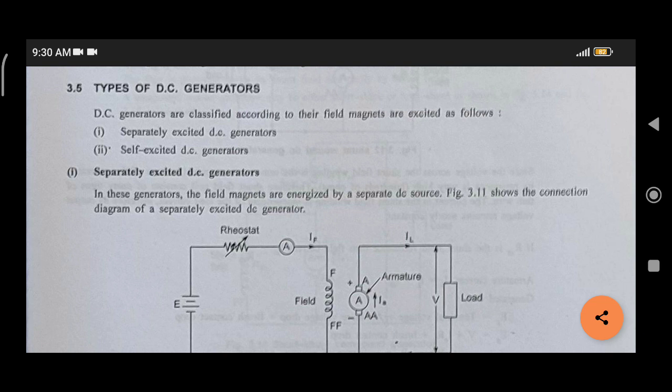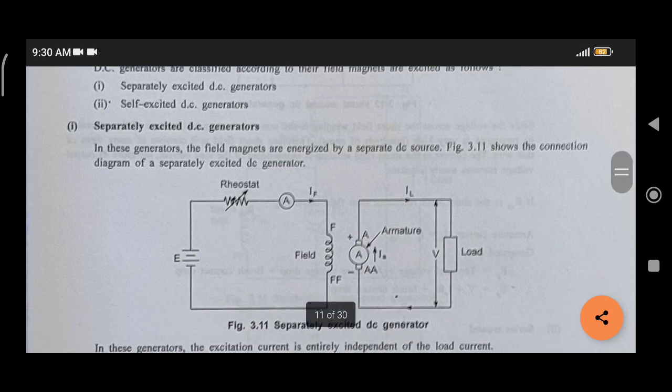Now what is this separately excited? In this generator, the field magnets are energized by a separate DC source. So in this type of generator, we use a separate DC source to magnetize the field winding.